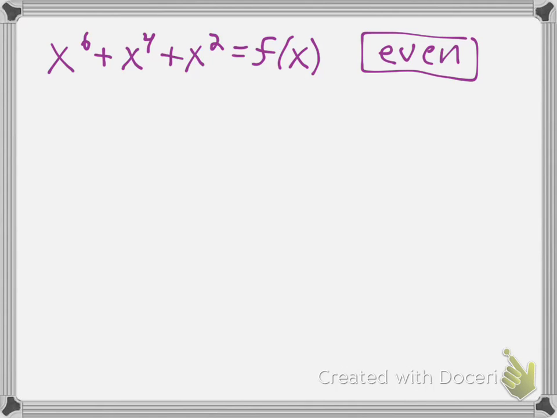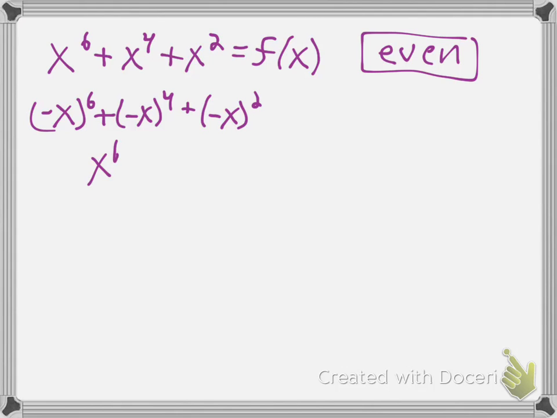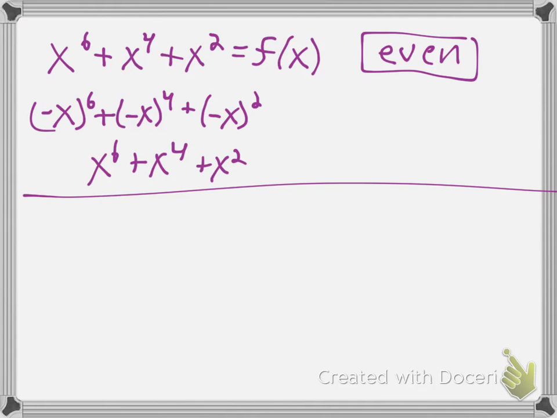And to show you with the math that it works, if I make all of my x's negative, I will end up with the exact same function as my original, which is the rule for even. Let's take a look at another one.